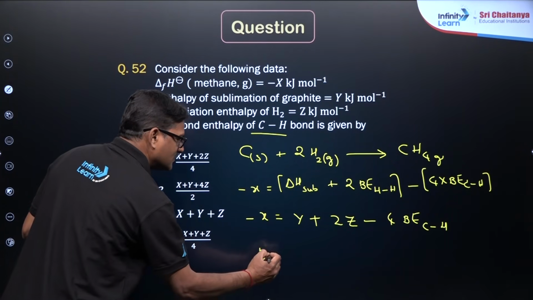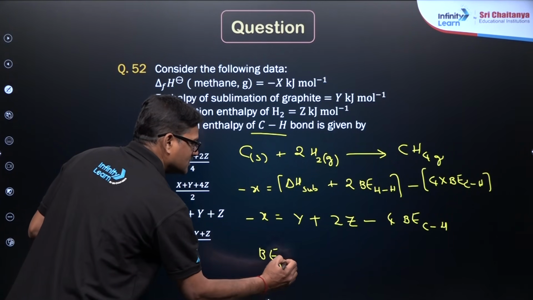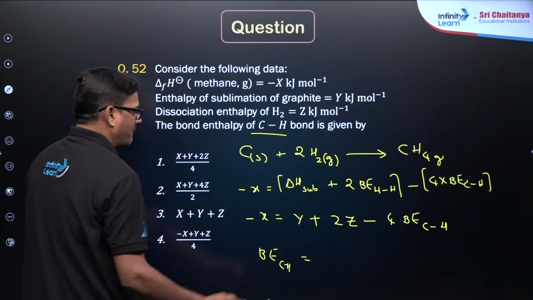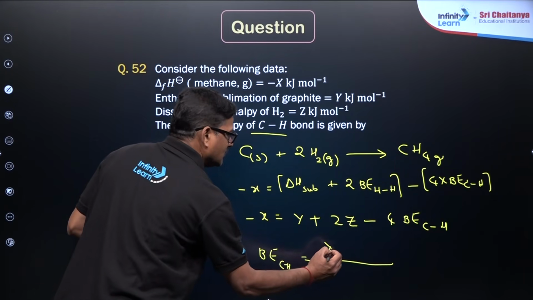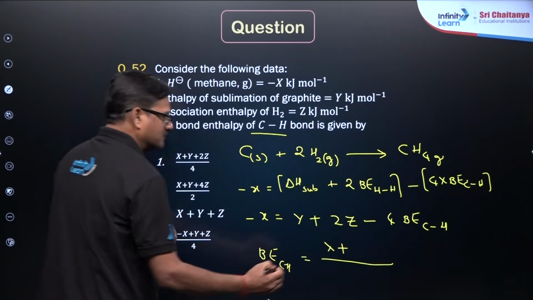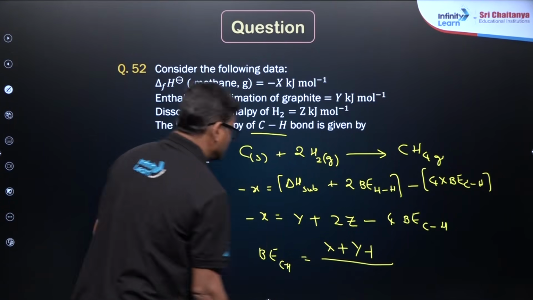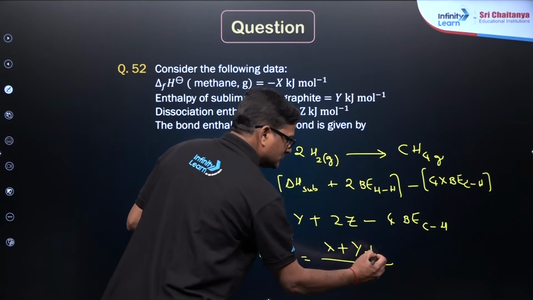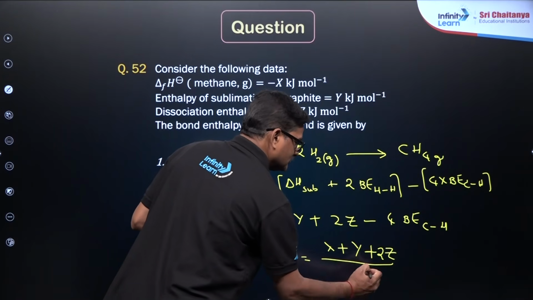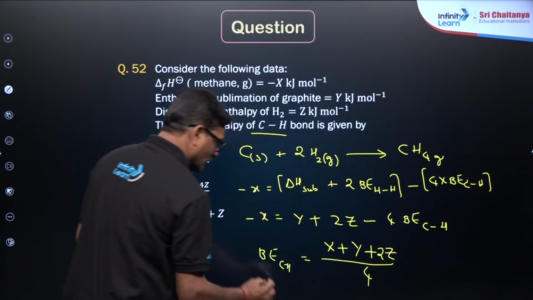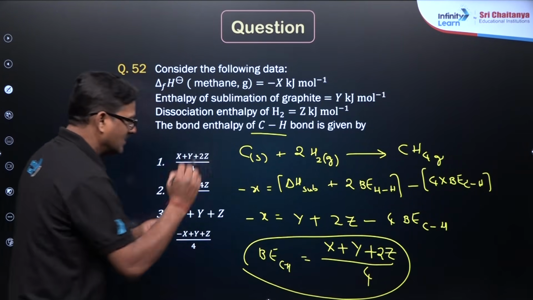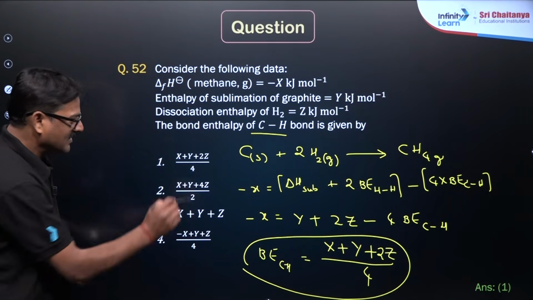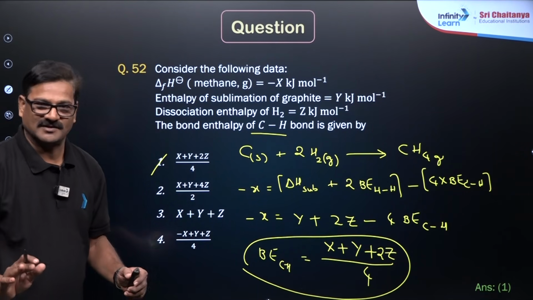So the bond dissociation energy of carbon to hydrogen comes to be X plus Y plus 2Z, divided by 4. So based on this, option 1 is the correct answer for this question.